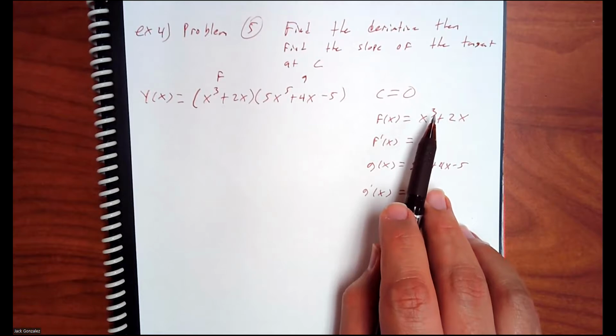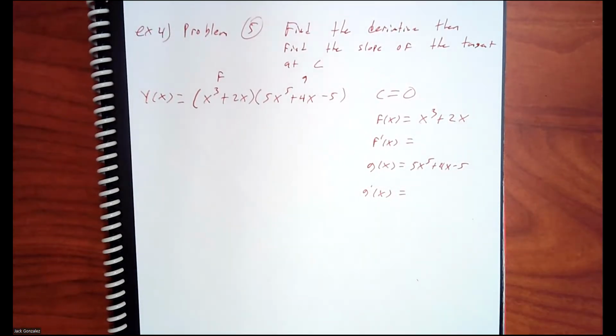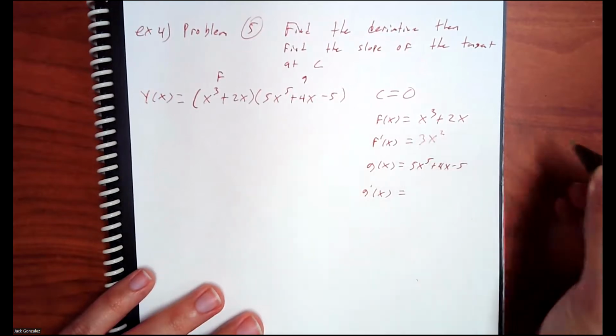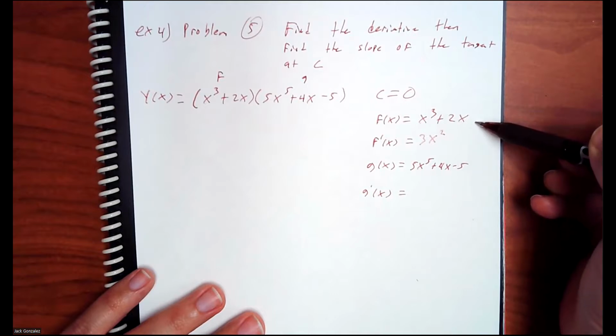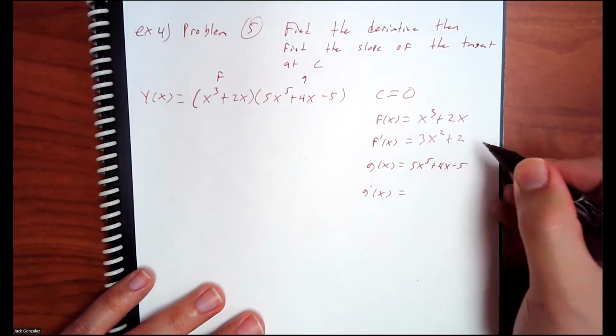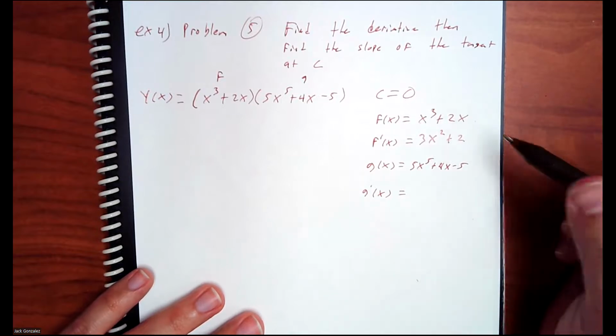It's an x cubed. So you gotta bring down the 3 and then subtract 1, right? That's the power rule. So we should have 3x squared for the derivative of the x cubed. Derivative of 2x makes the x disappear, and we showed that because it becomes a 0 power. We showed that last time.